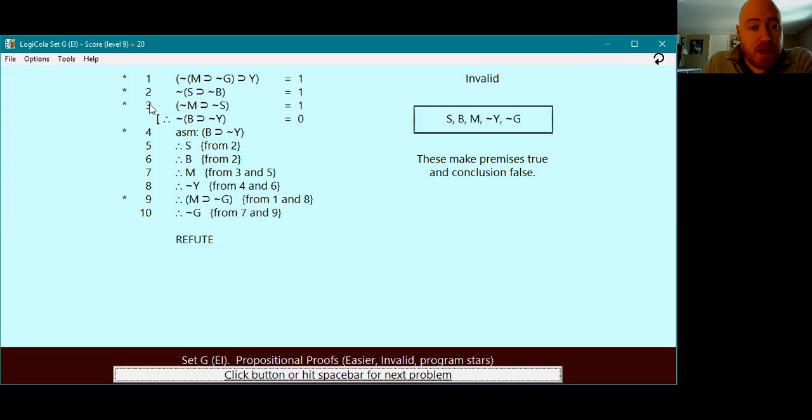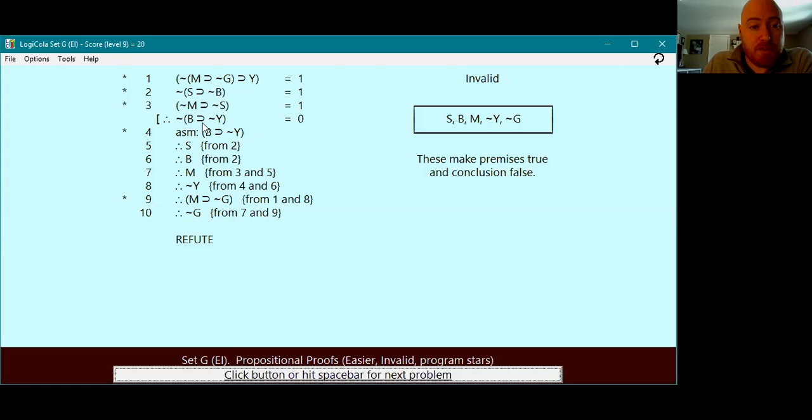All right, now premise 3, I've got that M is true, okay? Since M is true, that makes tilde M false, which makes this horseshoe true, okay? And I've also got that not S is false. So I've got not M is false. Why? Because M is true. I've got not S is false. Why? Because S is true. So that makes premise 3 true, okay?